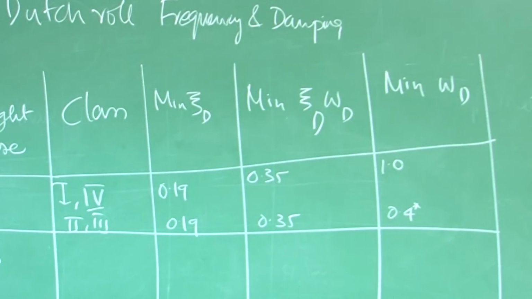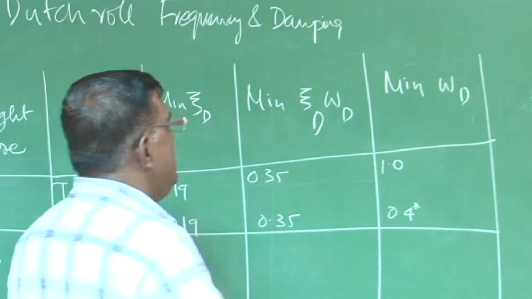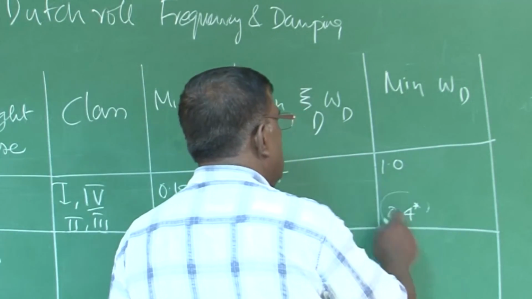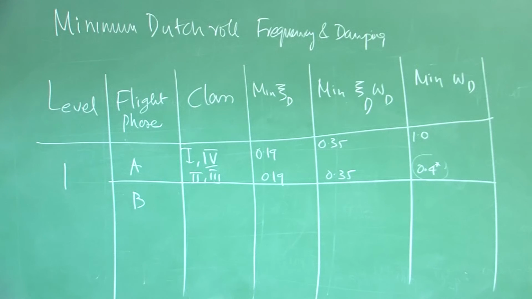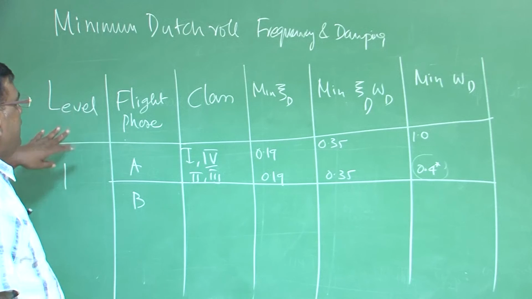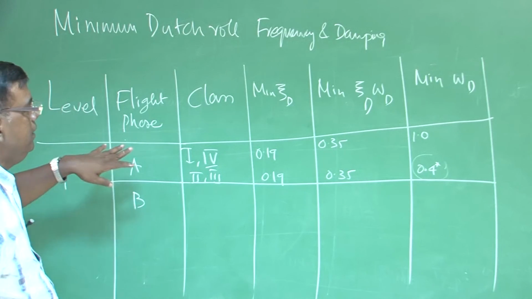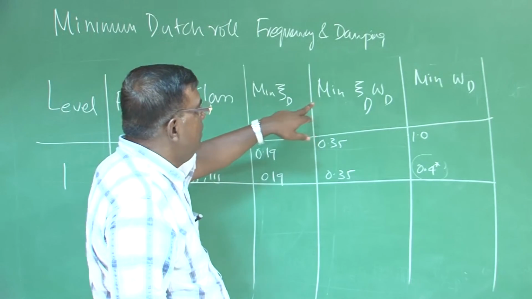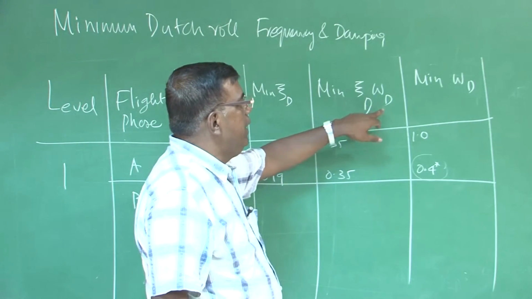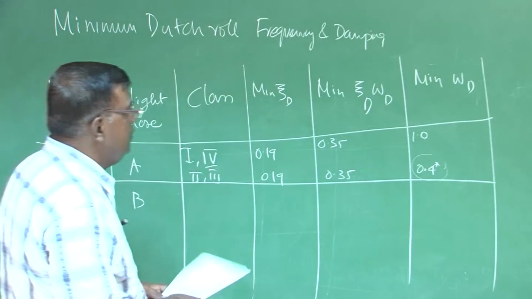This 0.4 star we have put, this may change based on the customer's requirement. These are finer details, so please try to understand that for the level 1 handling quality, they have been specified by minimum Dutch roll damping ratio, also the product zeta d omega d, and also minimum Dutch roll frequency in radians per second.